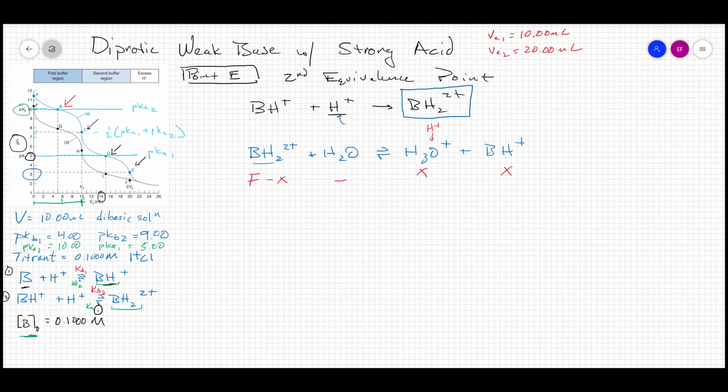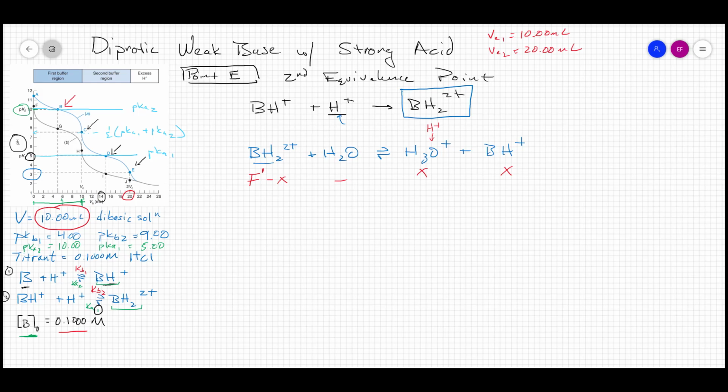The thing that we have to be careful of here is that this F we'll call prime, just because at this point the formal concentration 0.1 is no longer operative because we've added a bunch of liquid to the system, right? At this point we've added 20 mils, and so we've diluted our original 10 mils considerably because we added 20 on top of the original 10. So that F prime is the volume corrected formal concentration, just like we've talked about before. So we'll have to adjust that.